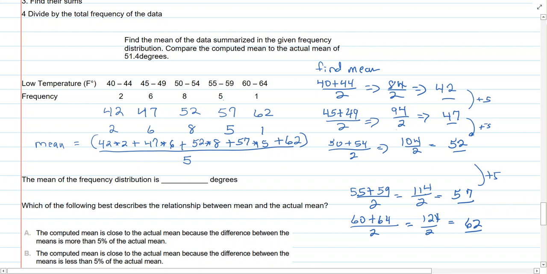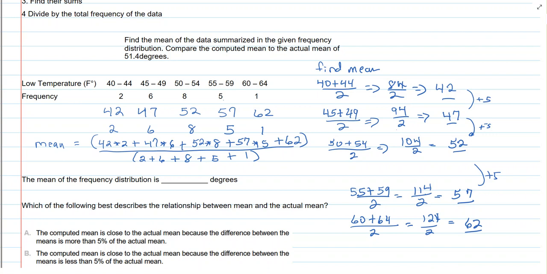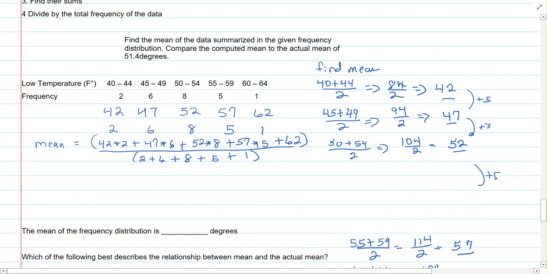Oh no, I have to add them. Sorry about that. We're going to divide by 2 plus 6 plus 8 plus 5 plus 1, because that's the total number of data. All right, so we're going to do that.